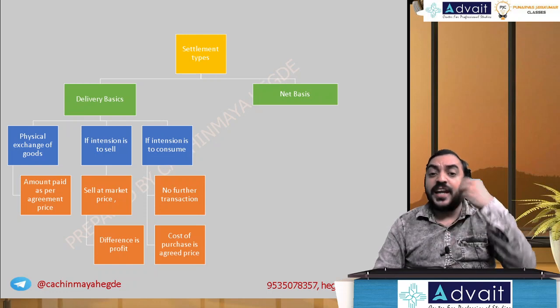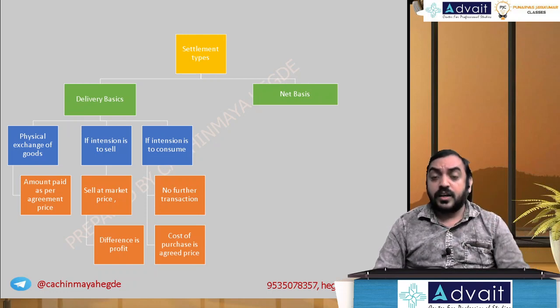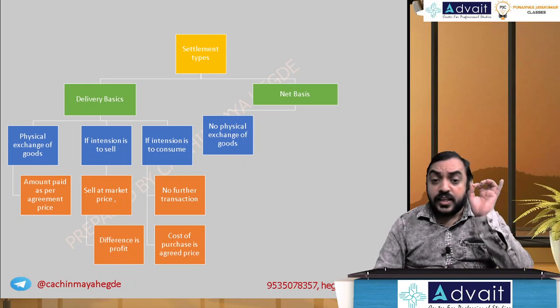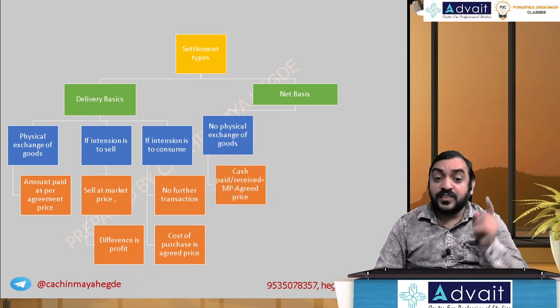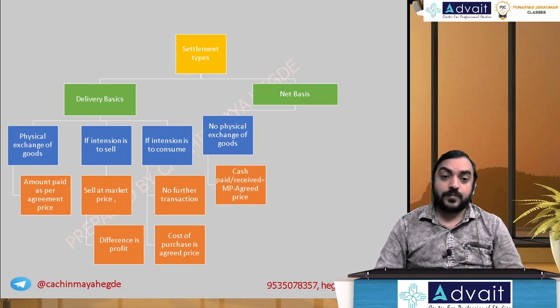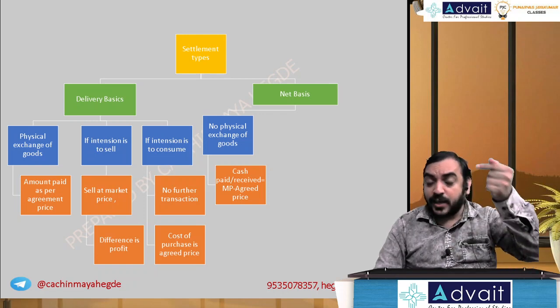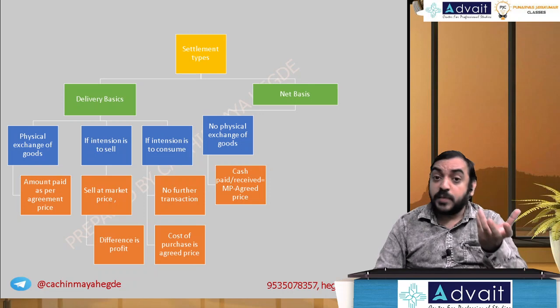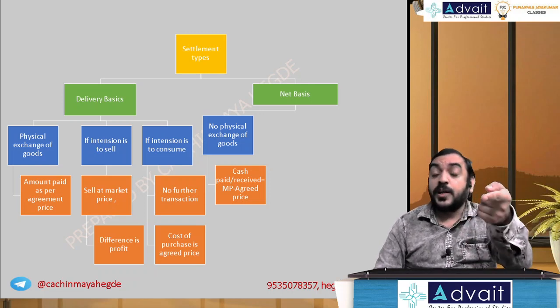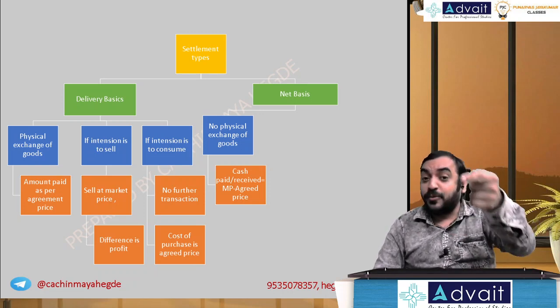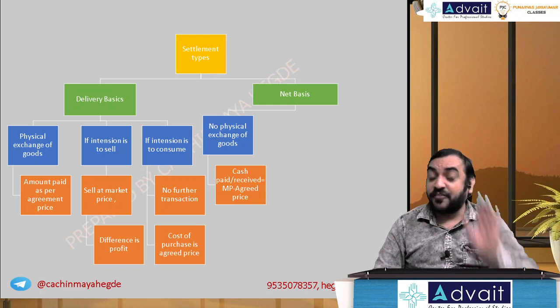If settlement is on net basis or cash basis, then there is no physical exchange of goods, meaning the contract is cancelled. And cash paid or received is the difference between market price minus agreed price, may be favorable, may be unfavorable, may be a financial asset or financial liability as per your financial instruments in FR.